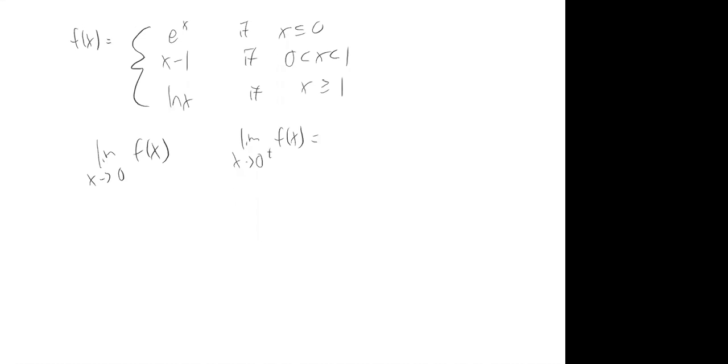So which equation should I use if I'm bigger than 0? I'm so close to 0, so I'm certainly smaller than 1. So I'm using this one. In this case, it's just the limit as x goes to 0 from the right of x minus 1. And this one you can just plug in: plug in 0, you get -1. I told you, if you can plug in, you're done.